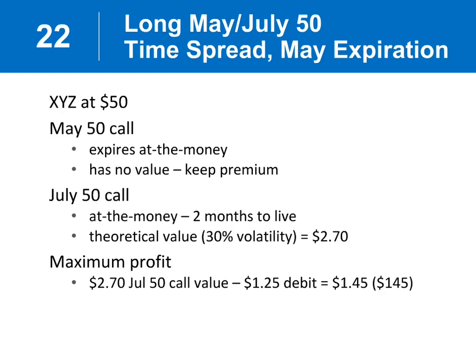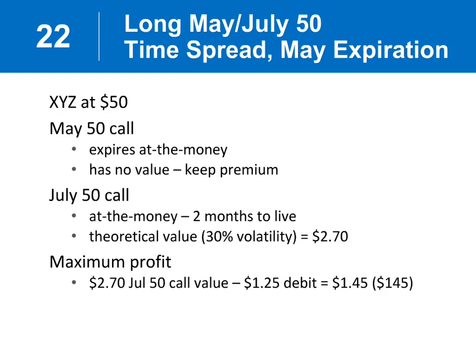Another thing we could do is, after May, we've got June. If we still believe the underlying is going to hang out right in this 50 range, we could sell a June 50 call and have the 30-day spread rather than the 60-day spread, the July-June 50 call spread. But again, this whole idea of theoretical value for the July comes into play.